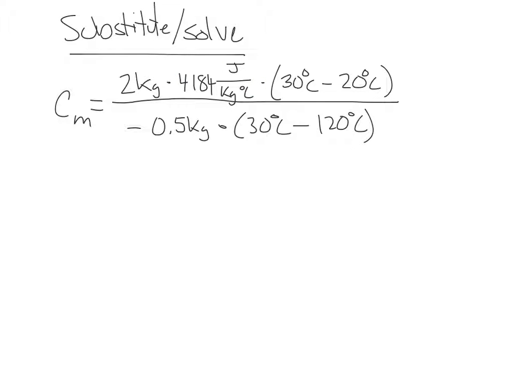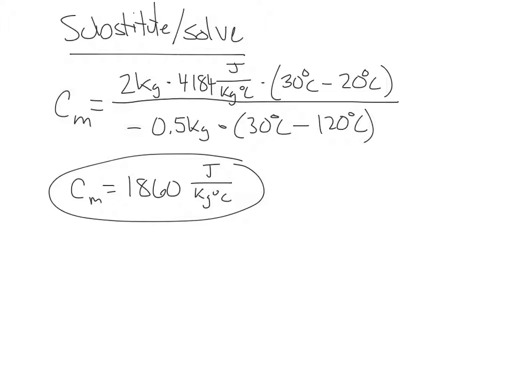After I do the actual math, I end up with 1,860. Now, units for specific heat, of course, are joules per kilogram degree Celsius. But let's take a look at how that comes about.